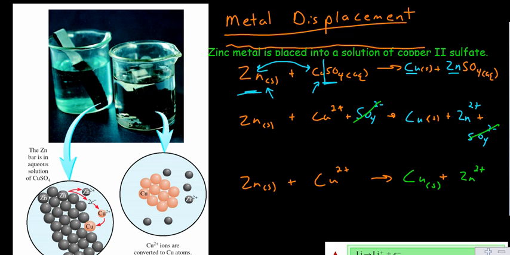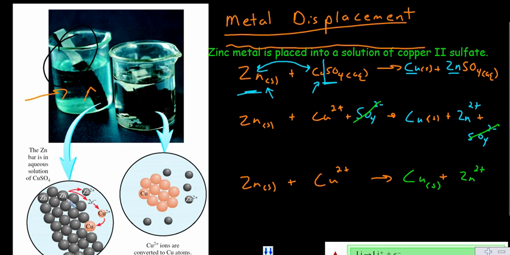So what's really going on here is you're putting your zinc solid into solution, and you'll see that pretty soon it pretty much dissolves. There's a lot of the blue copper sulfate ions here actually being absorbed onto that solid.